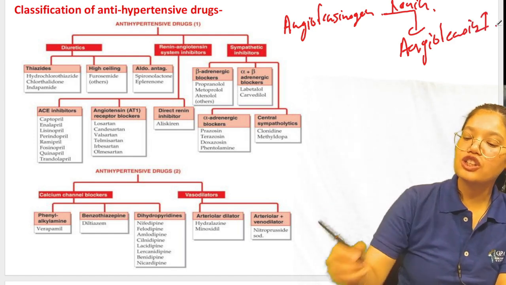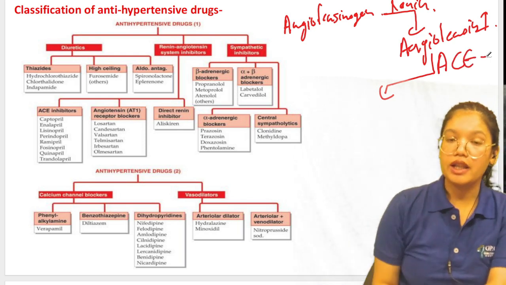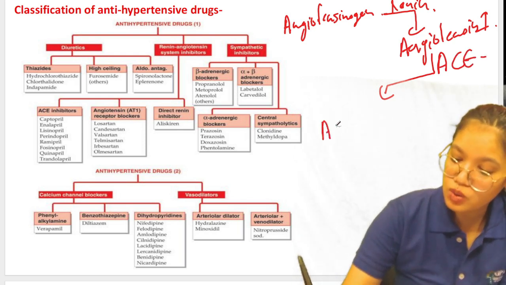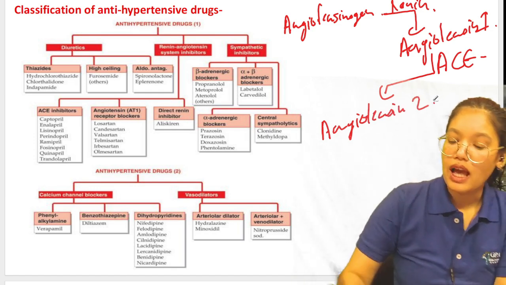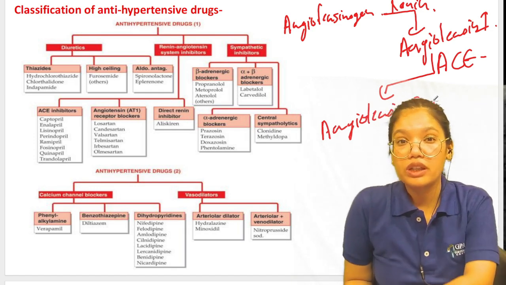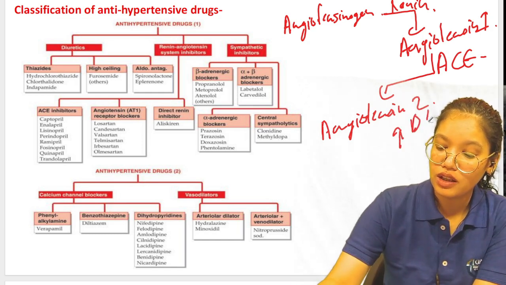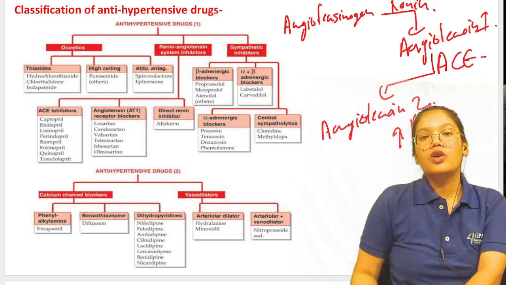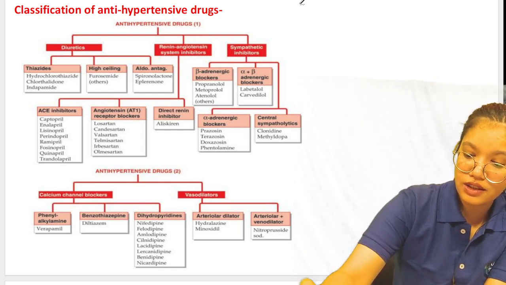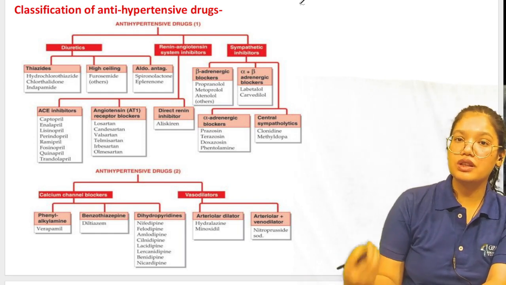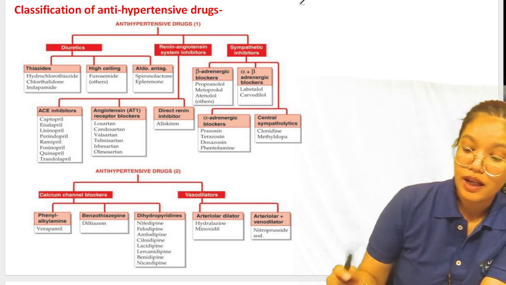Then angiotensin 1, in the presence of angiotensin converting enzyme, is converted to angiotensin 2, and angiotensin 2 is responsible for the vasoconstriction that results in the increase of the BP. To control this condition, we inhibit this RAS system at different points. We use medication to inhibit this particular RAS system.